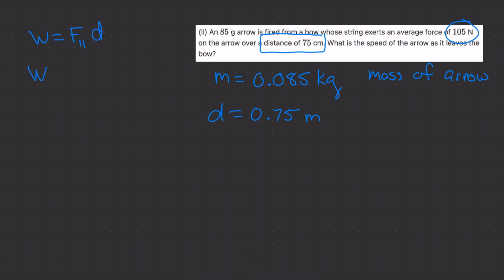We have work is equal to 105 newtons times 0.75 meters. And if we're taking this to two significant figures, then that should bring us to about 79 joules.